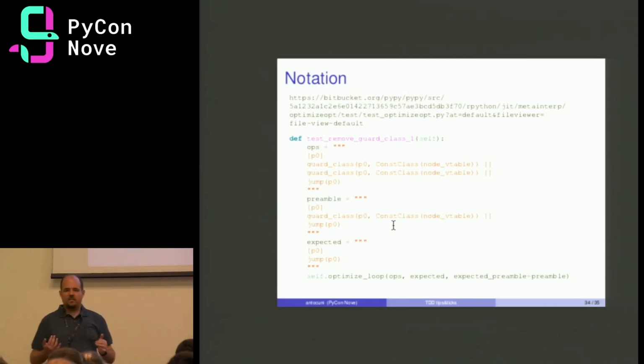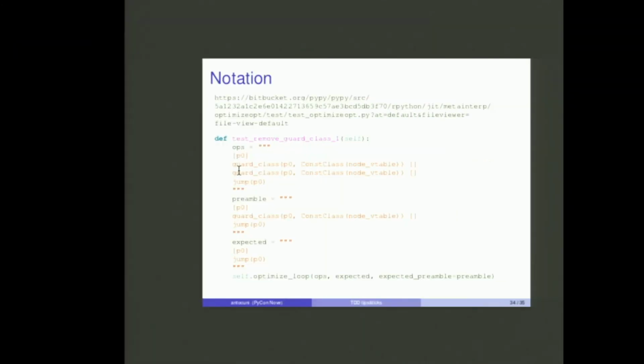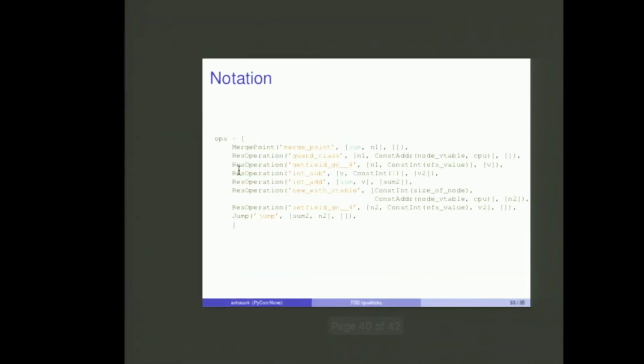And then at some point, we decided we no longer felt like writing all this stuff manually, so we wrote a small parser which converts these things here into this.